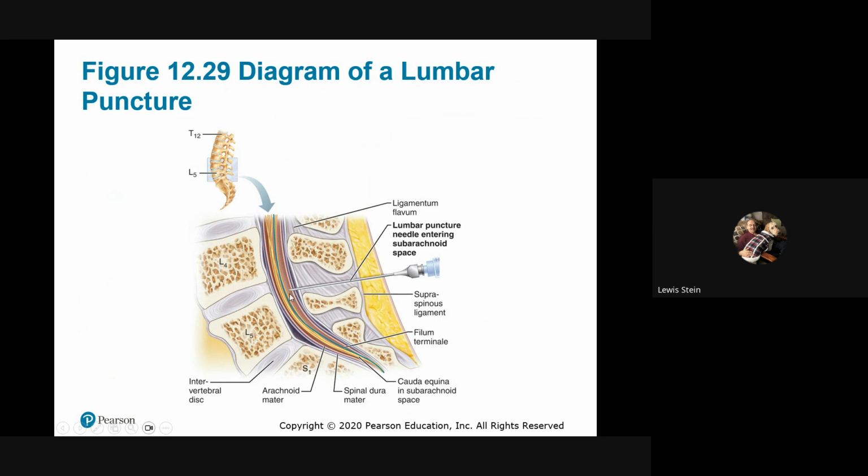Nobody thinks you're funny. So you insert that in there, and the metal part stays in. You pull out the plastic syringe and the needle on it, and then you collect tubes of liquid from that. The pressure is such that it'll bring it out. You collect 3 tubes sequentially. When that's done, then you pull it out.